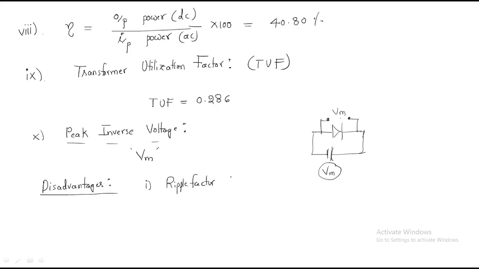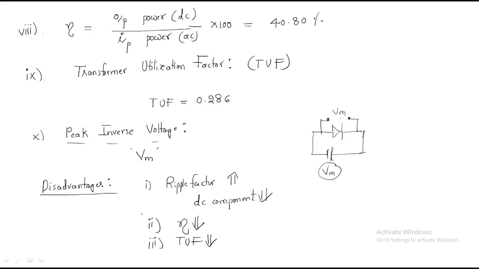A high ripple factor means the DC component is less and the AC component dominates. Second, the efficiency is low. And the third point is that the transformer utilization factor is also low, which means we are using less of the transformer.